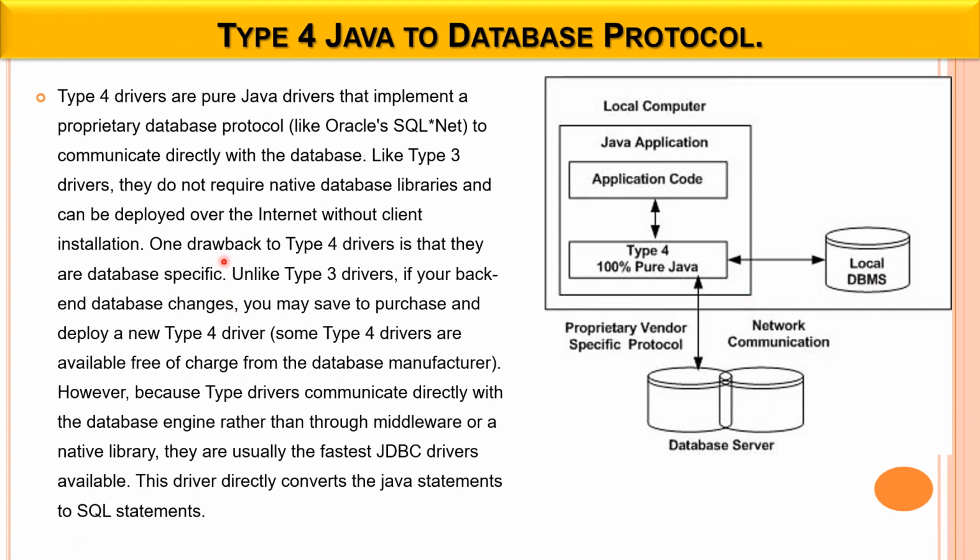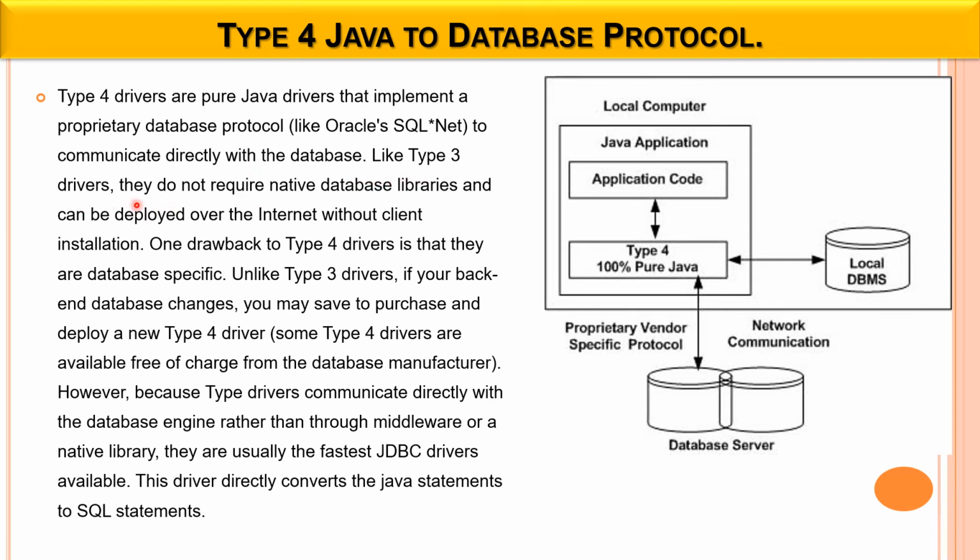The next and the last type is the Java to database protocol. This is a very important and good protocol. The JDBC driver, the fourth driver, that is type 4, is a pure Java driver which implements a proprietary database protocol like Oracle's SQL*Net to communicate directly with the database.